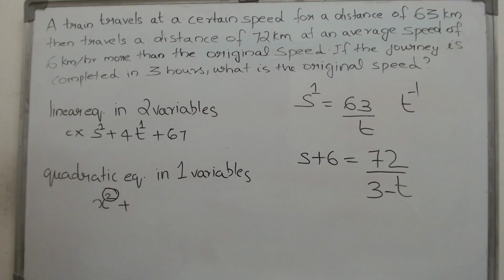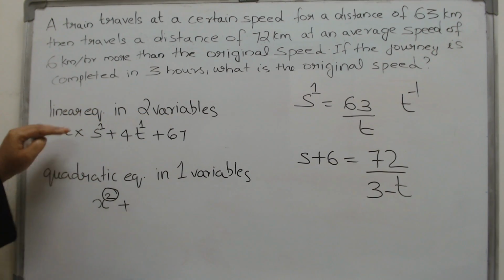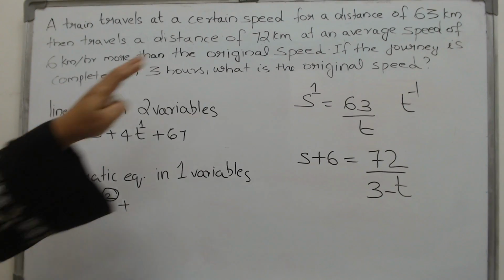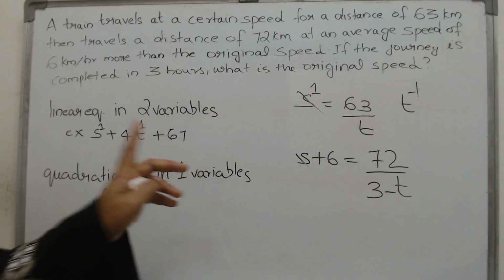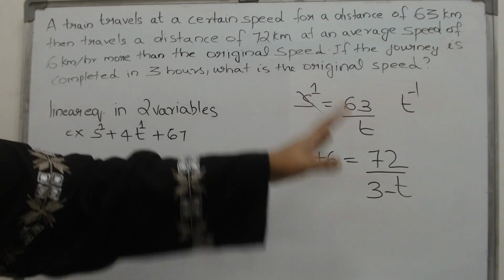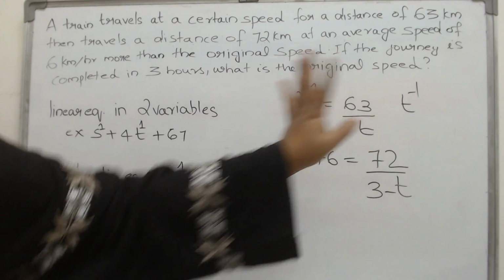So what you get will not be a linear equation in two variables. You have to get rid of one variable somehow, and then you will get a quadratic equation in just one variable. Out of the two, get rid of one, make it just in terms of that t.